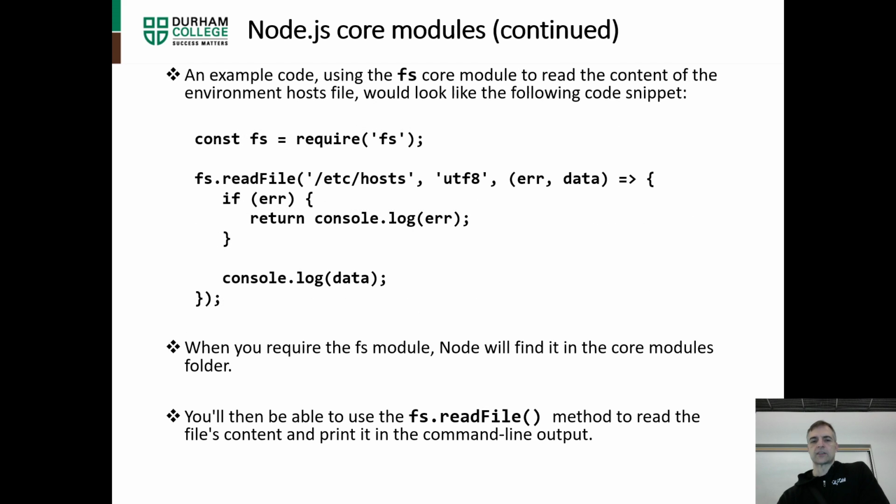Okay, so we talked about this. So here's a core module. We talked about this yesterday. We want to require the file system module, and this is kind of exactly what we've done, right? We can look at the hosts file. We can read a file in, and then we have some data we can look at afterwards. The file system module is one of the most common ones, and it's built into Node.js. Okay, again, notice we're using require.